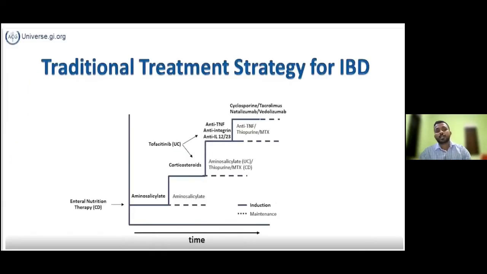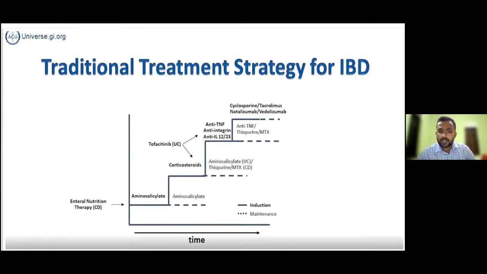So this was the traditional treatment approach for IBD, and sometimes we call this a step-up approach. So in the past, when we encounter a patient with active IBD, first we started with less potent drugs, and if those drugs failed, we moved up to more potent drugs.